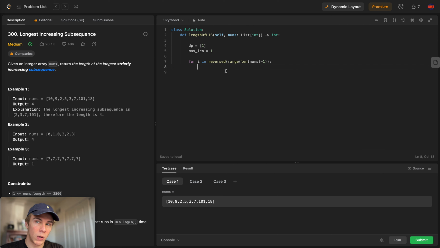I need to have another for loop that figures out what the current max length is. What the current possible max length is. Is it different from this though?